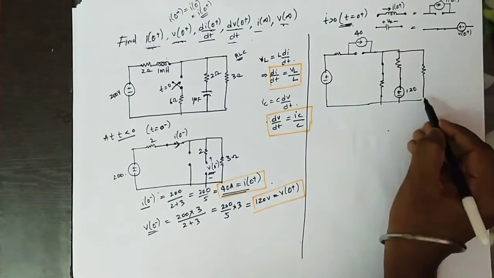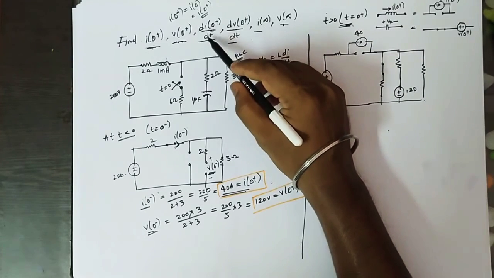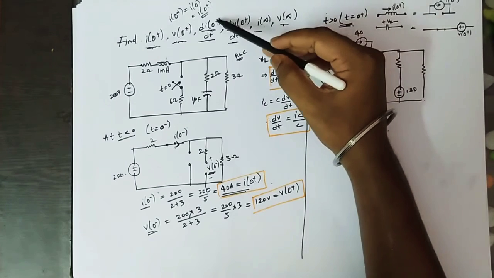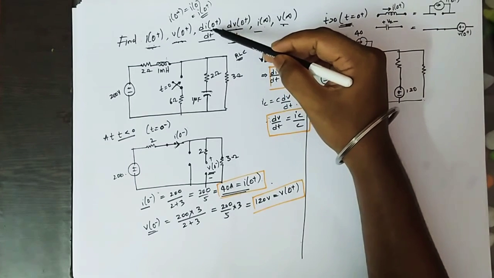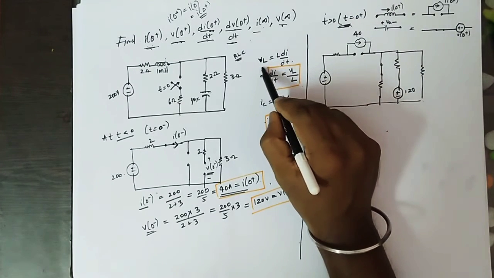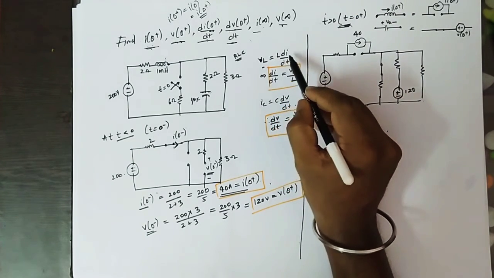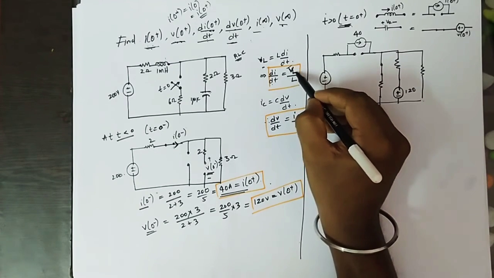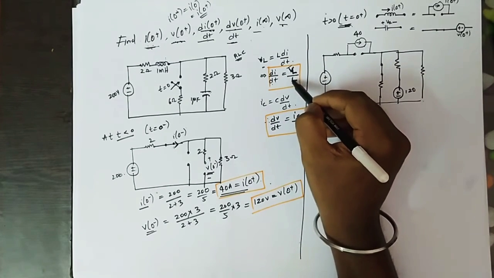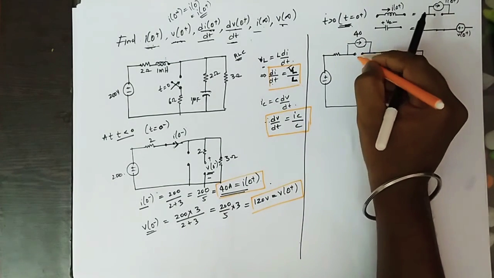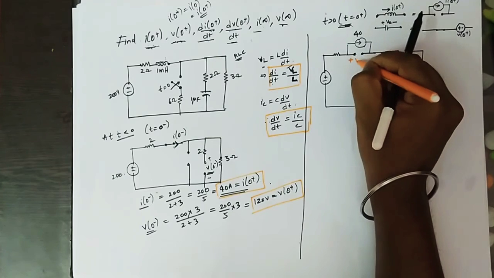Now we are in a position to find di of 0 plus by dt and dv of 0 plus by dt. If you observe, this is a change in current in an inductor. We have VL equal to L di by dt. To get di by dt, we need the voltage across the inductor, and we also have the value L. That means you need to find VL here.